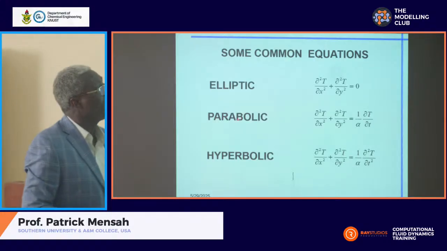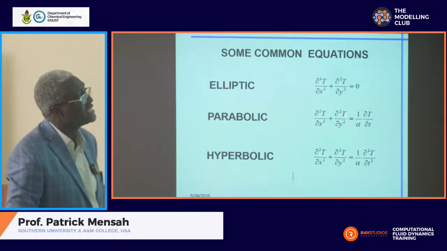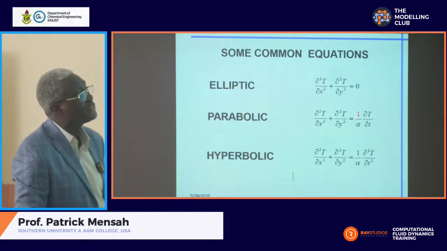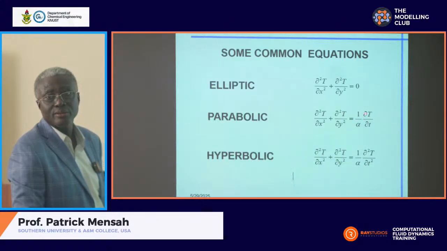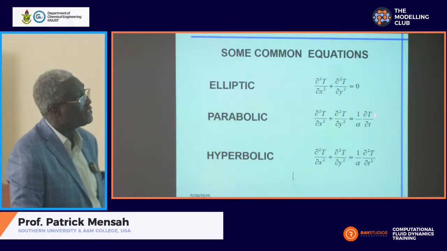A parabolic equation basically has the time rate of change of temperature now maintained. Okay, you have the time rate of change of temperature now maintained for a parabolic equation.